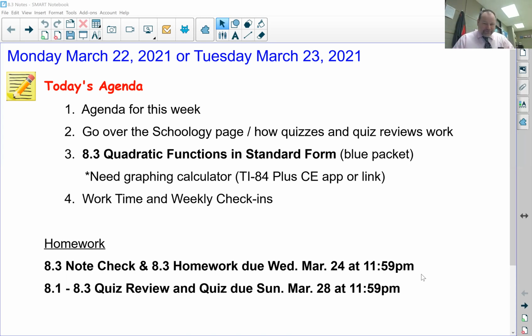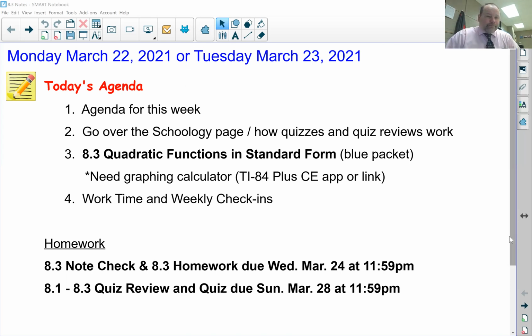So you don't have to have one. It might be nice if you like that table feature. It can also help with some calculation stuff. Then you'll have some time to work, and then we'll do our breakout rooms and we'll all be ready to go for the end of the week.